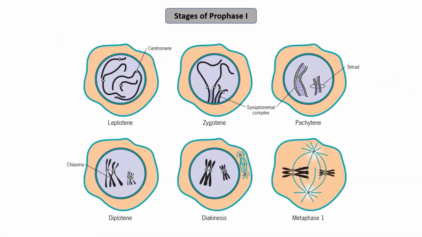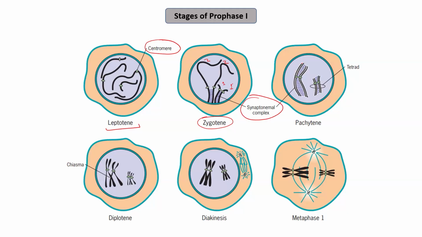So we can see in this figure, this is the centromere. We know the chromosomes remain attached to the centromere. In the leptotene stage, the chromosomes condense. Then in the zygotene stage, there is a formation of the synaptonemal complex. The homologous chromosomes, like these, come in contact with each other, forming a synaptonemal complex. This synaptonemal complex consists of tetrads.